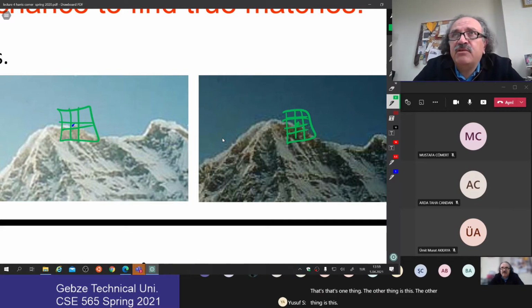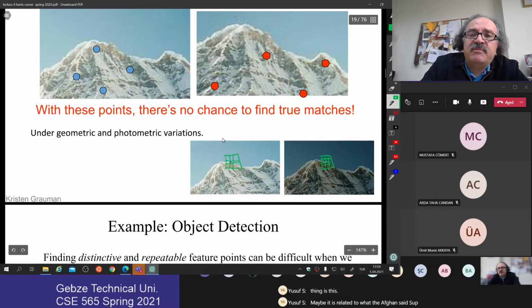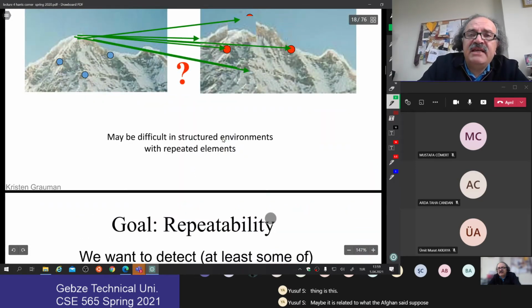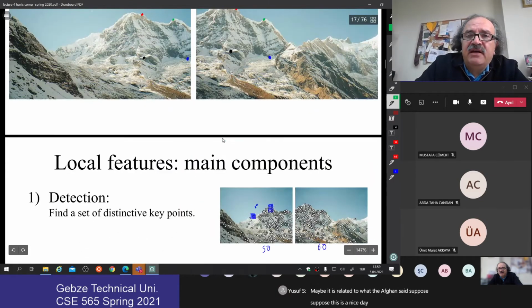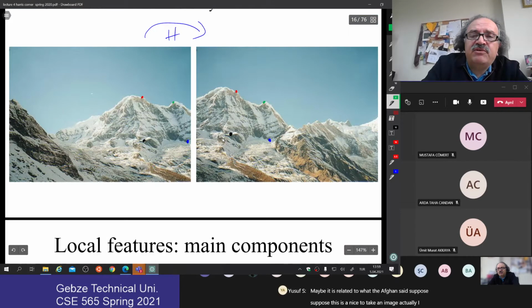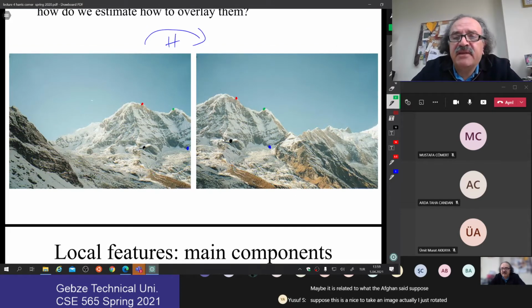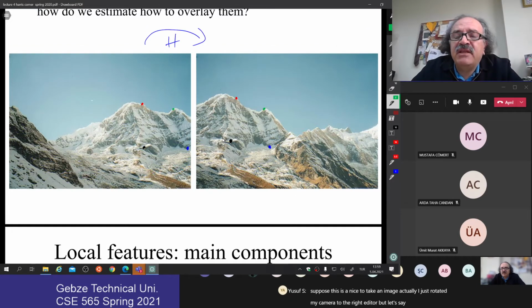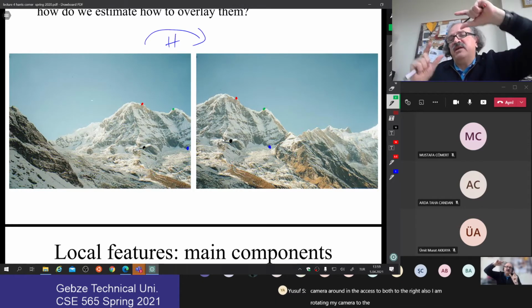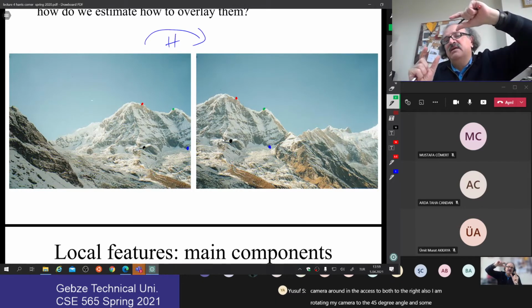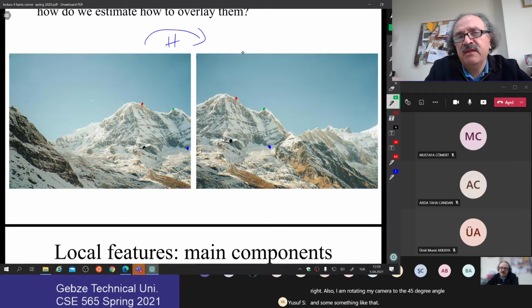The other thing is this. Maybe it is related to what Efkan said. Suppose this is a nicely taken image actually. I just rotated my camera to the right a little bit, say to a 45-degree angle, something like that. So the mountain skyline will be something like this.